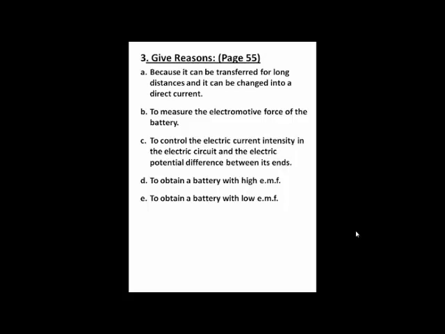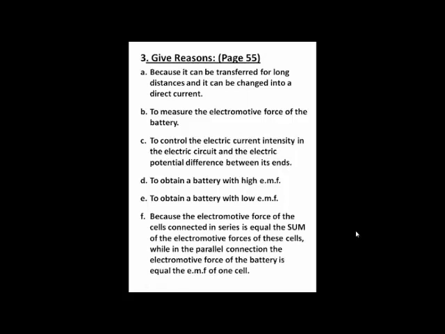F. The electromotive force of a battery whose cells are connected in series is greater than that one whose cells are connected in parallel. Why? Because the electromotive force of the cells connected in series is equal to the sum of the electromotive force of these cells, while in the parallel connection the electromotive force of the battery is equal to the electromotive force of one cell.